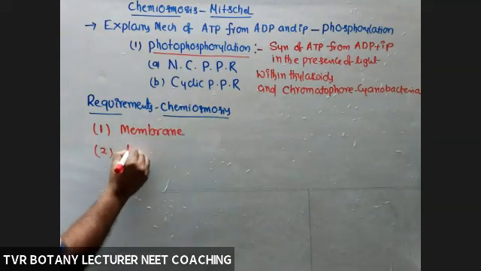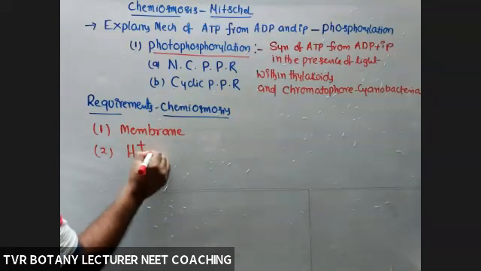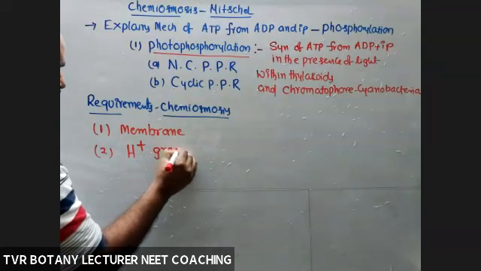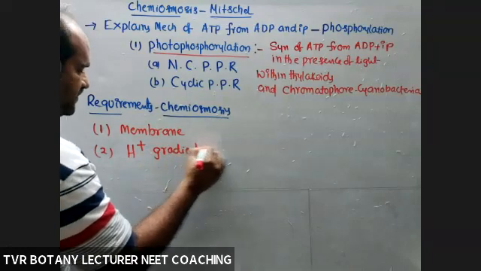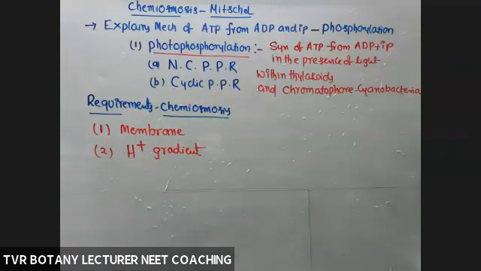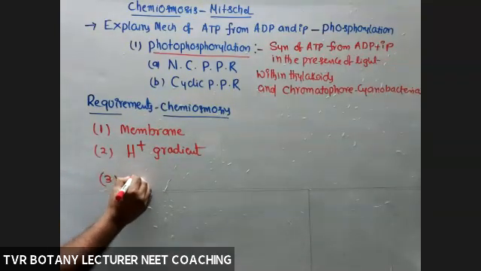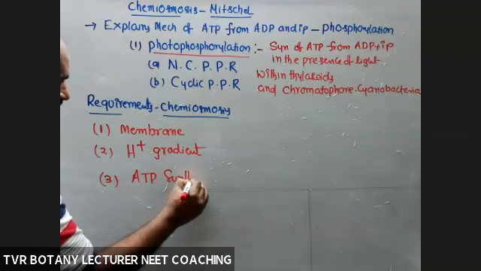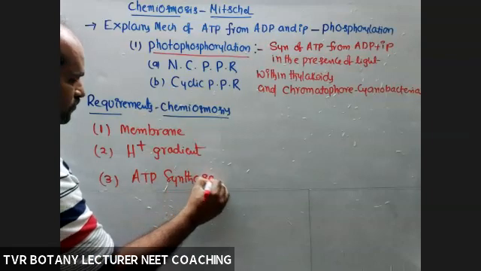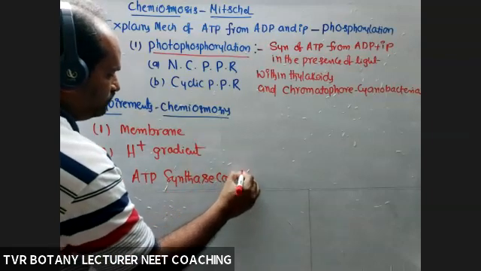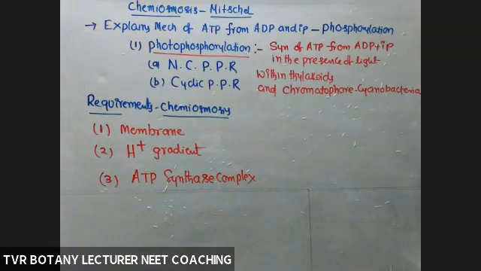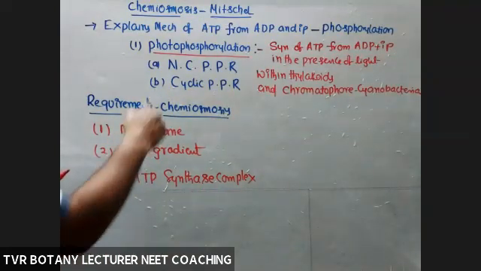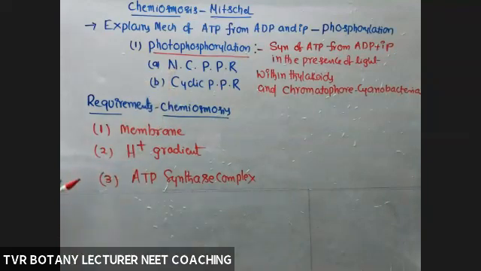Second one, H plus gradient, proton concentration gradient. And third one, ATP synthase complex. Whatever the membrane, we'll see what that membrane is. Proton concentration gradient is well known to you.